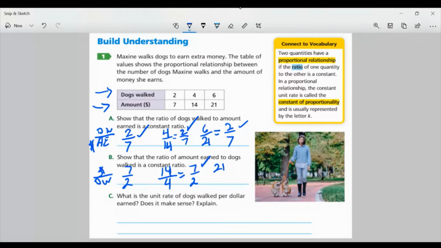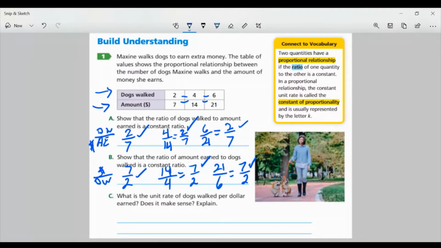If I had 21/6, I can use 3 again, and that would give me 7/2. So this is how I prove that it's a constant ratio, even the reciprocal of it, right? So I know based on this table, these are all equal to each other. It's a constant rate.